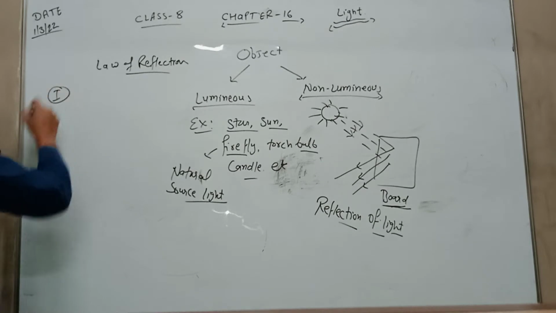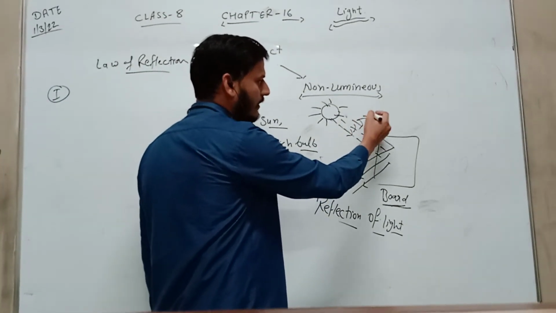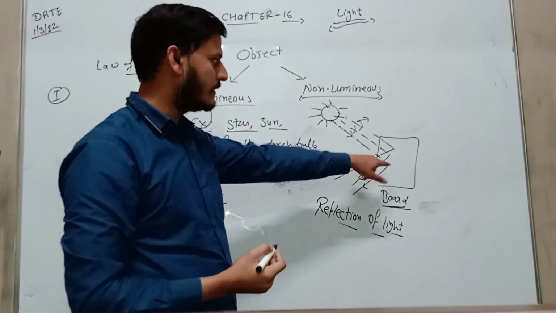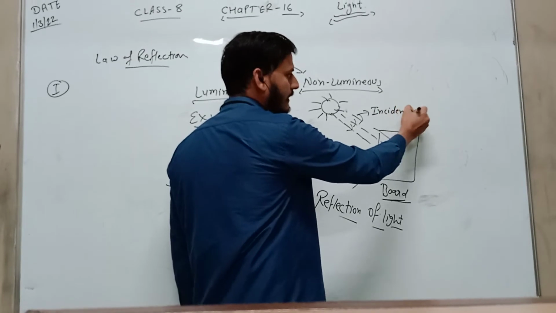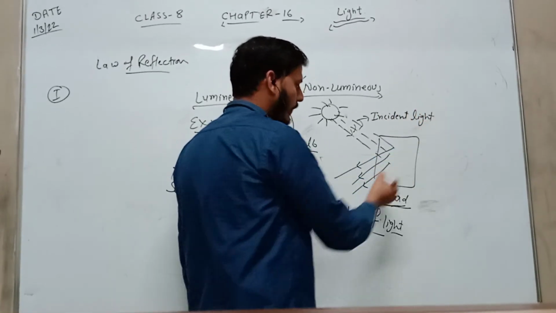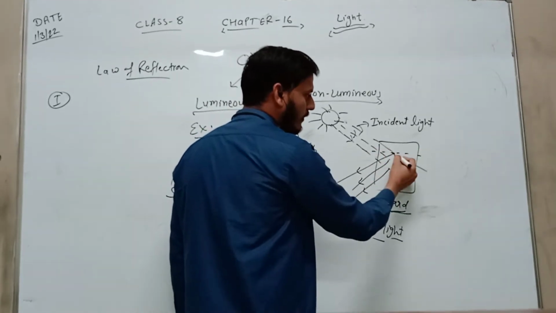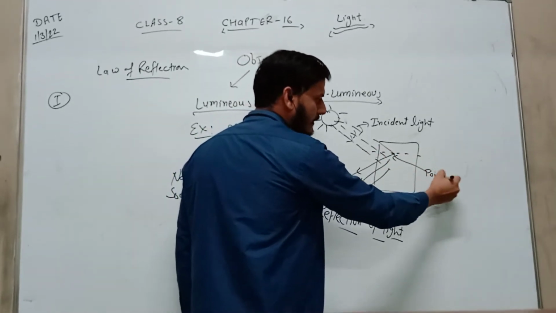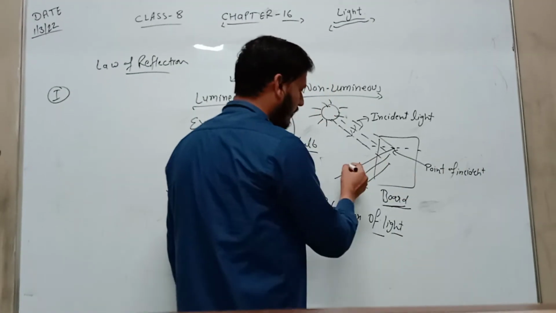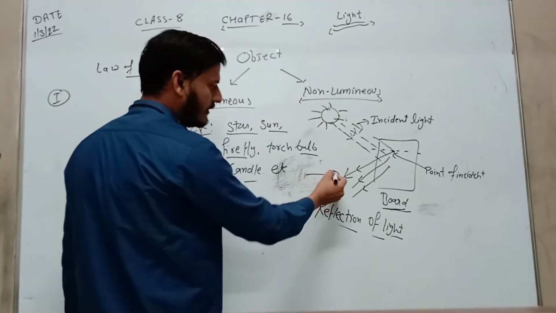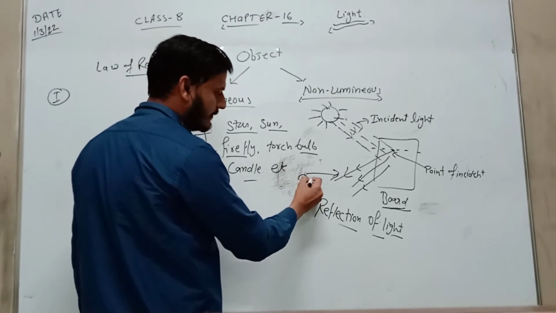The first law states that the incoming light ray, those light rays which directly fall from the source of light, is known as the incident light ray. The point where it falls is known as the point of incidence. And the light which reflects, going back in the same direction, is known as the reflected ray.